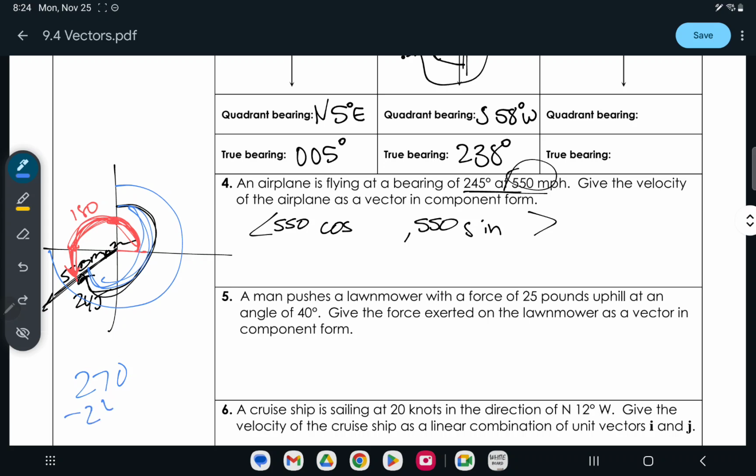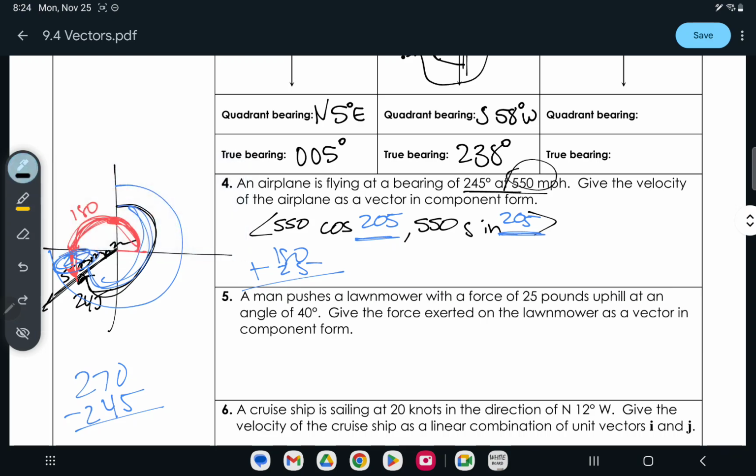So if I do 270 minus 245, that'll give me that little chunk. So that tiny little chunk right there is 25. So to get the angle I need, I do 180 plus 25, which gives me 205.